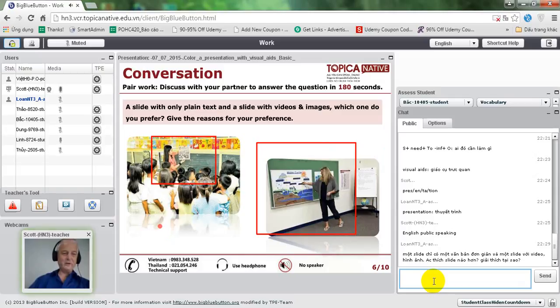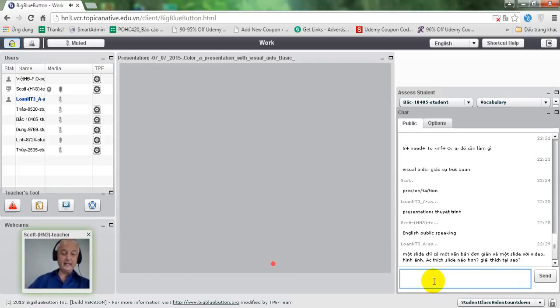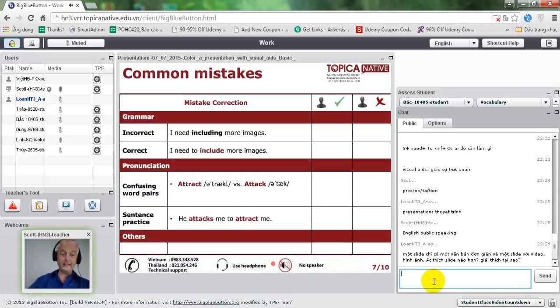Okay. So what we're going to do now is we are going to take a look at our next page, and this is where we get to look at some of the common mistakes that other students have made. Okay, so when it comes to grammar, other students have said something like this.